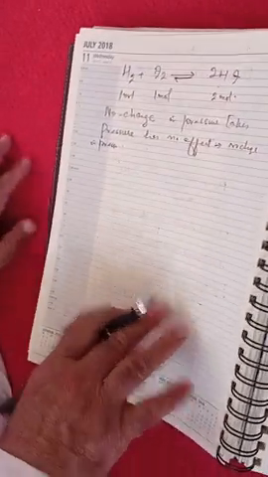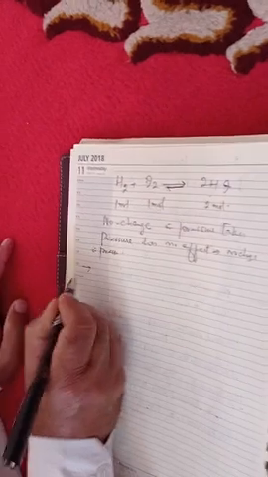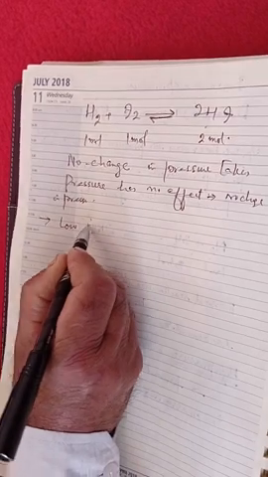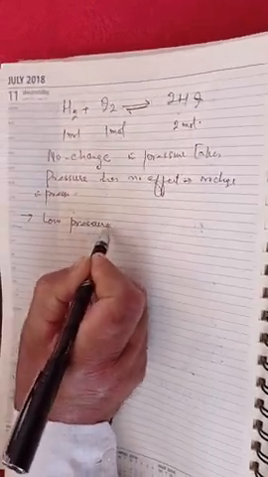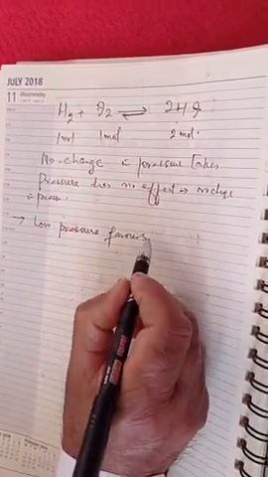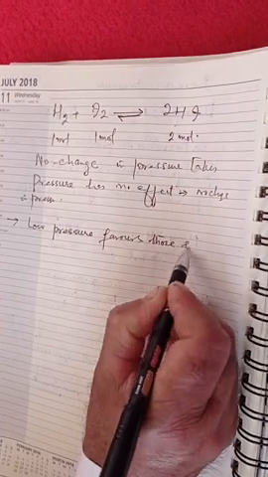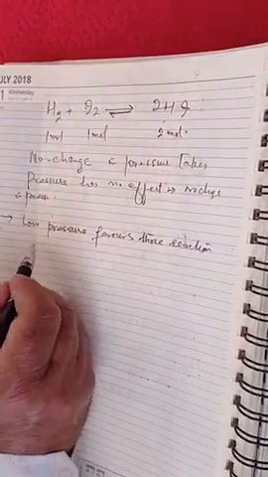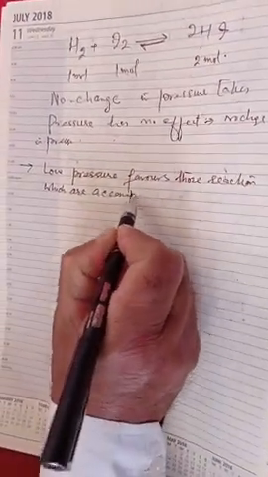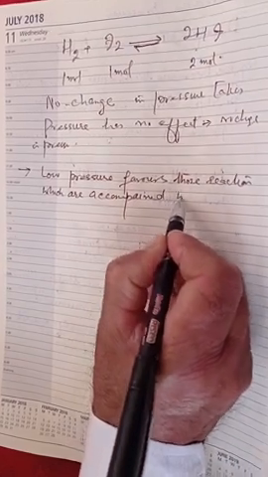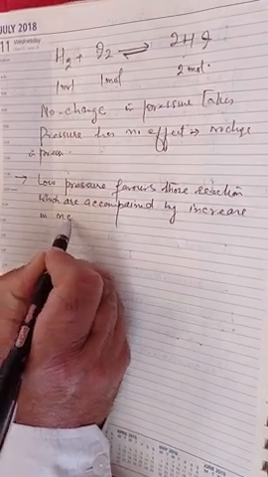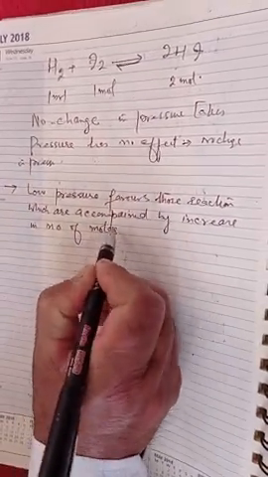So from the above reactions, we came to the conclusion that when the system is in equilibrium, first, low pressure favors those reactions which are accompanied by increase in number of moles, that is, increase in pressure.